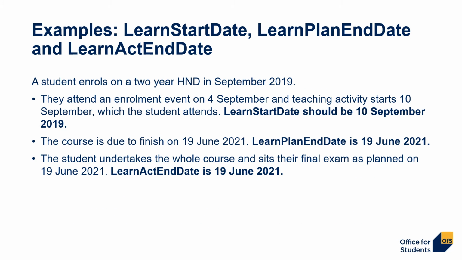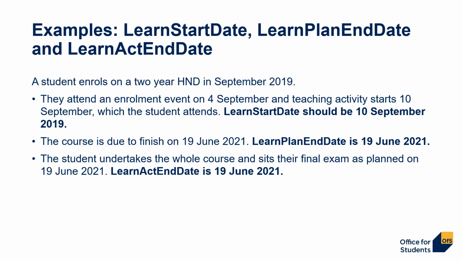So let's go through a few examples of these dates. So we have a student who enrolls on a 2-year HND in September 2019. They attend an enrolment event on the 4th of September, and teaching activity starts on the 10th, which the student attends as expected.